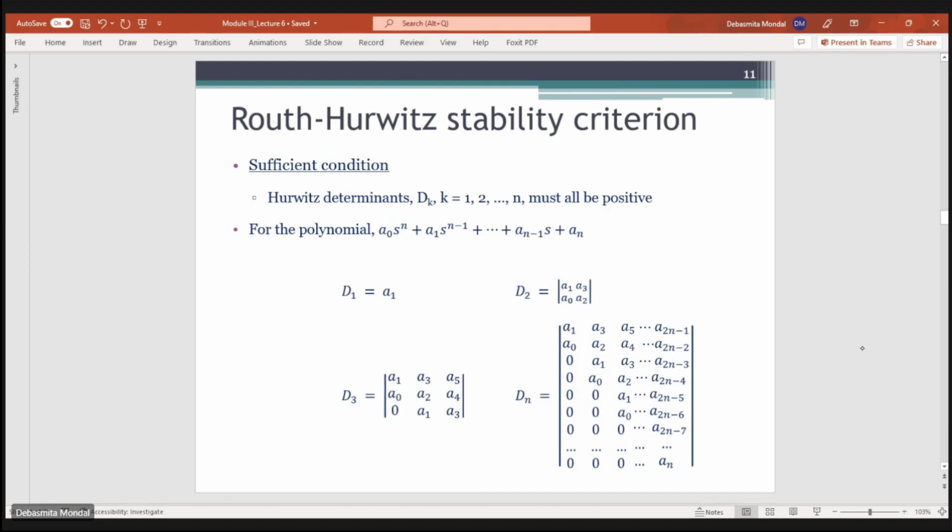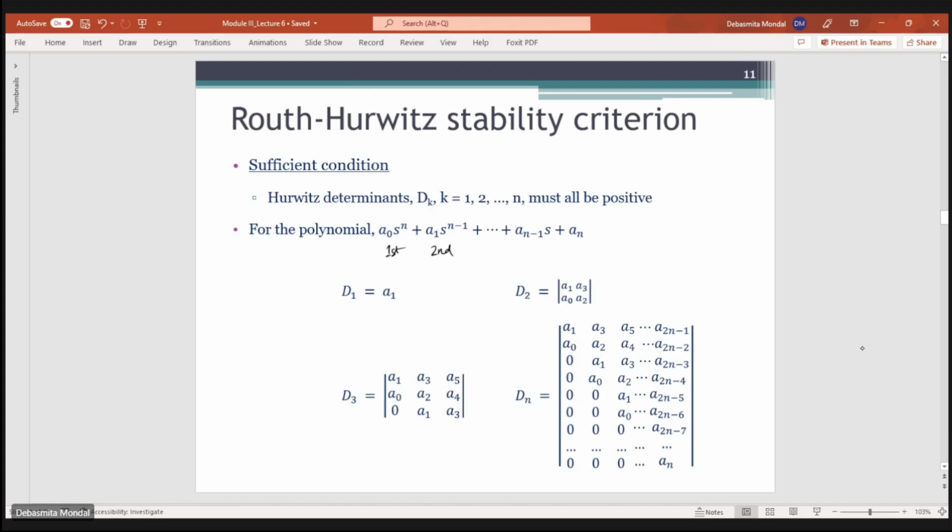See, A1 is the coefficient for the second term. So this is the first term, this is second, and so on and so forth. So you have all the coefficients of the even terms in the first row. Similarly, you can find out what the value of this determinant will be.